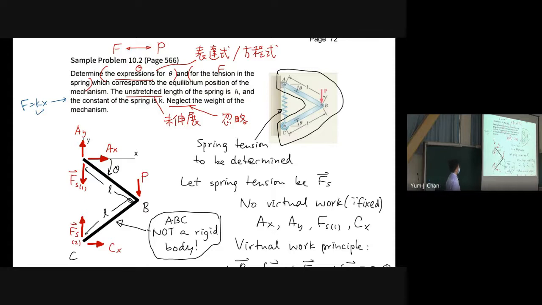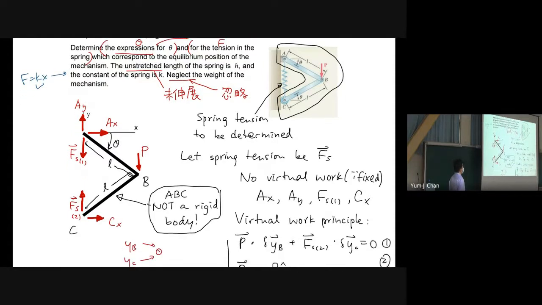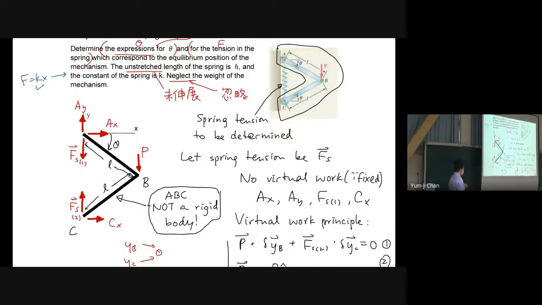First of all, we draw the free body diagram of the whole structure. The spring is outside the free body because we need to determine the tension, so we put it outside the free body.